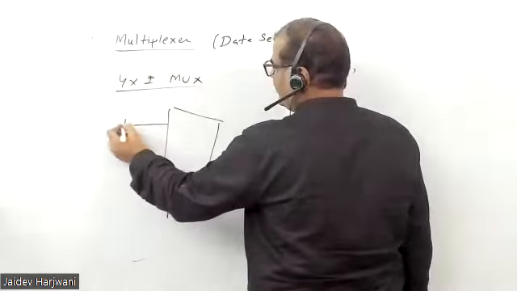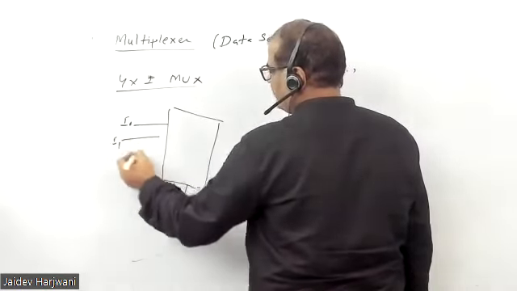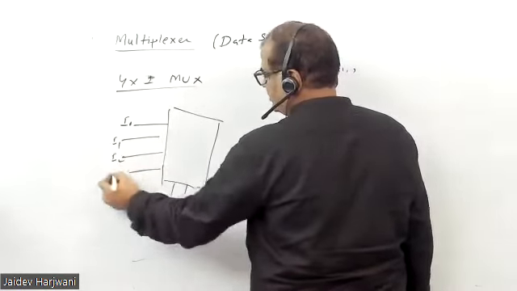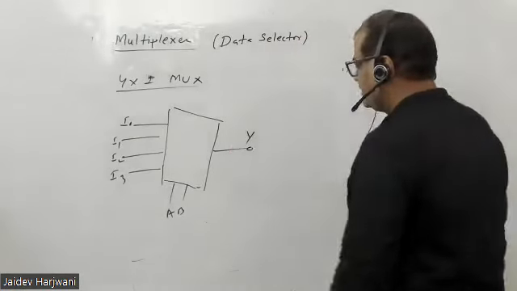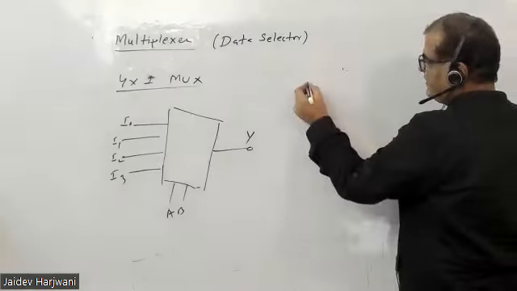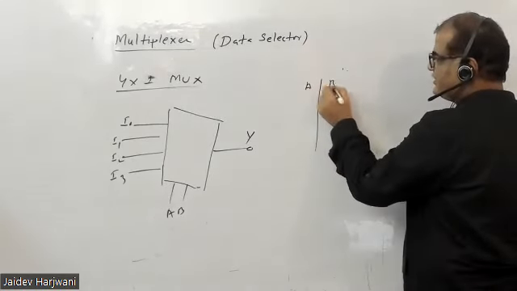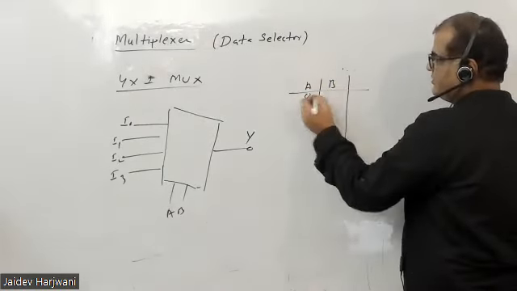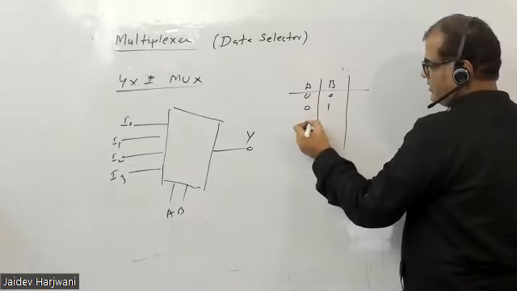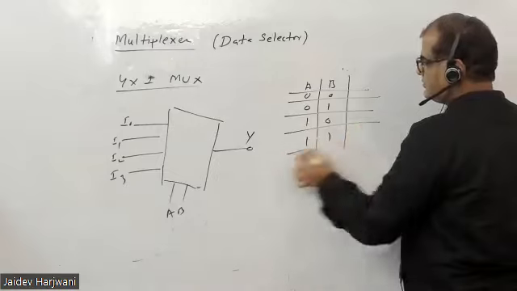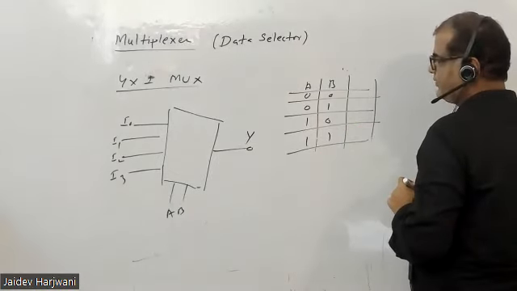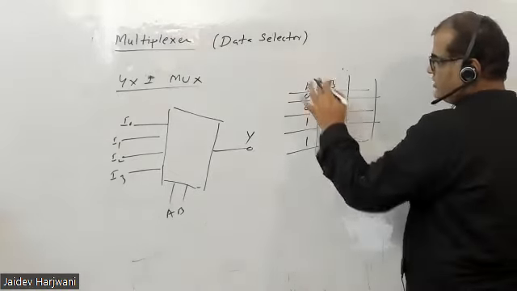So it can handle 4 data: I0, I1, I2, I3, and there will be 1 output. Okay. Now 2 variables can have 4 states: 0 0, 0 1, 1 0, 1 1. Okay. So 0 0 is A bar B bar.